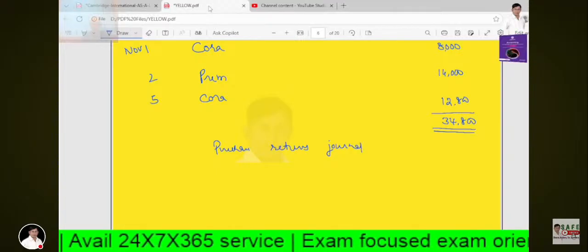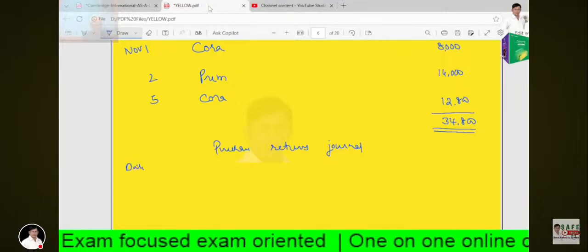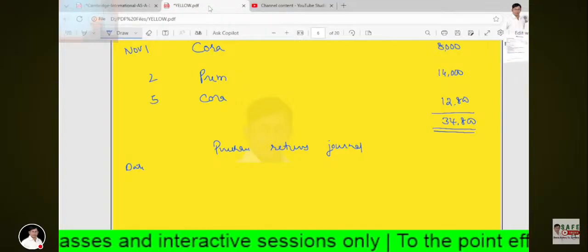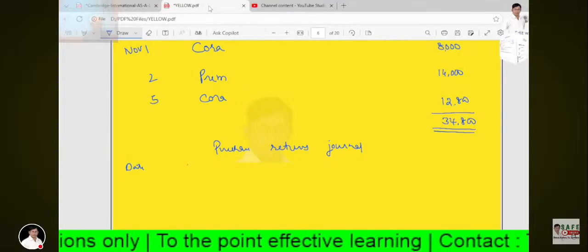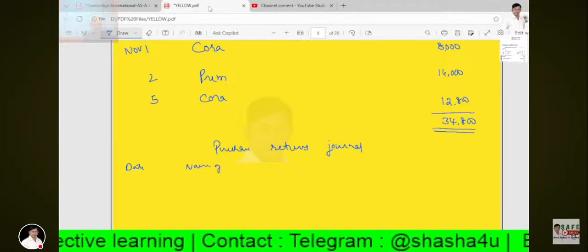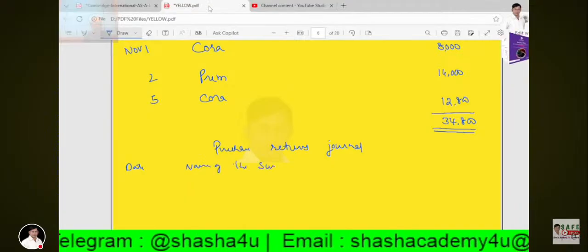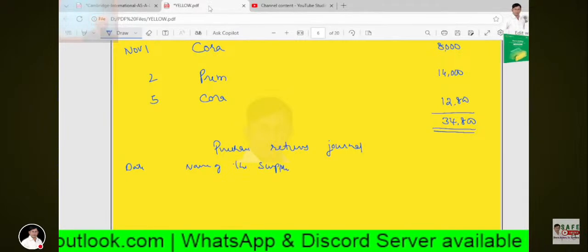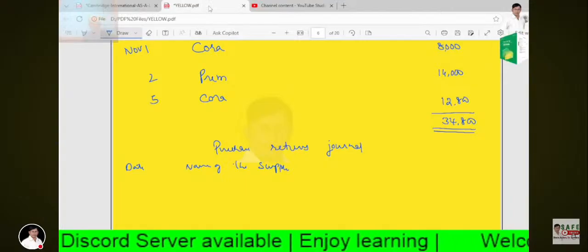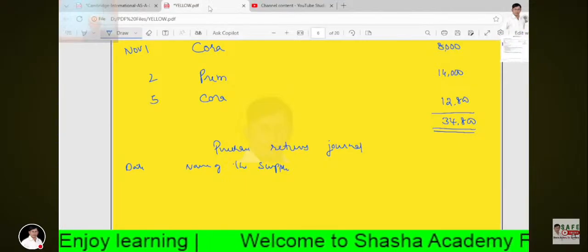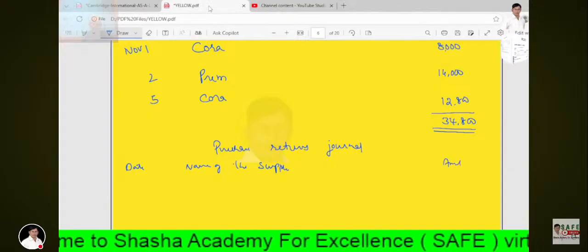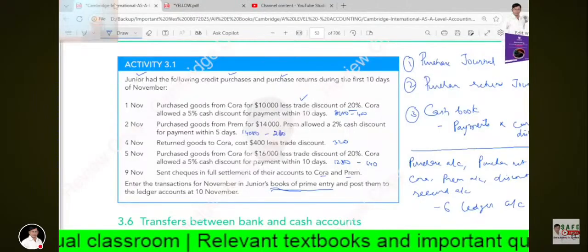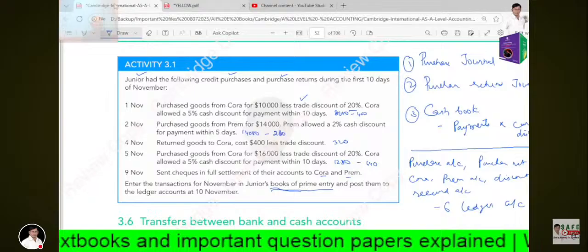So what is the date again here? You have to write the date, name of the supplier, and amount. So what date? Return goods on 4th November.